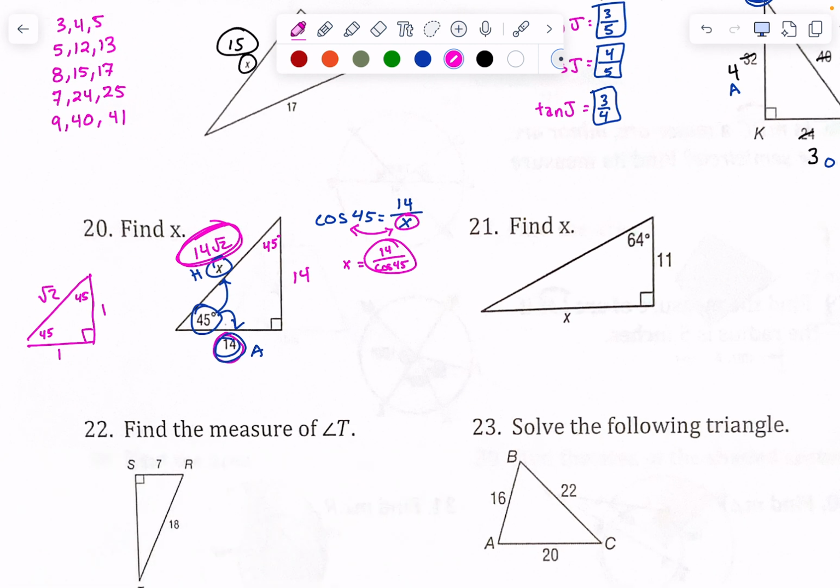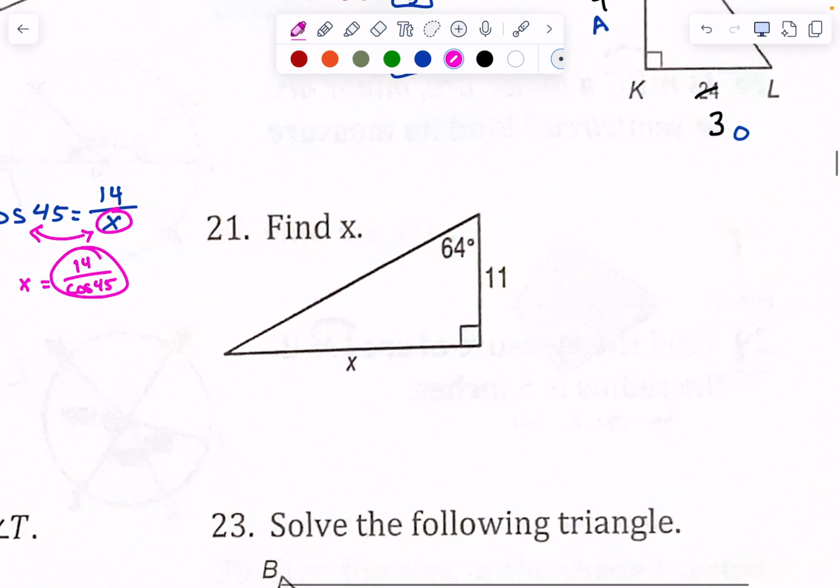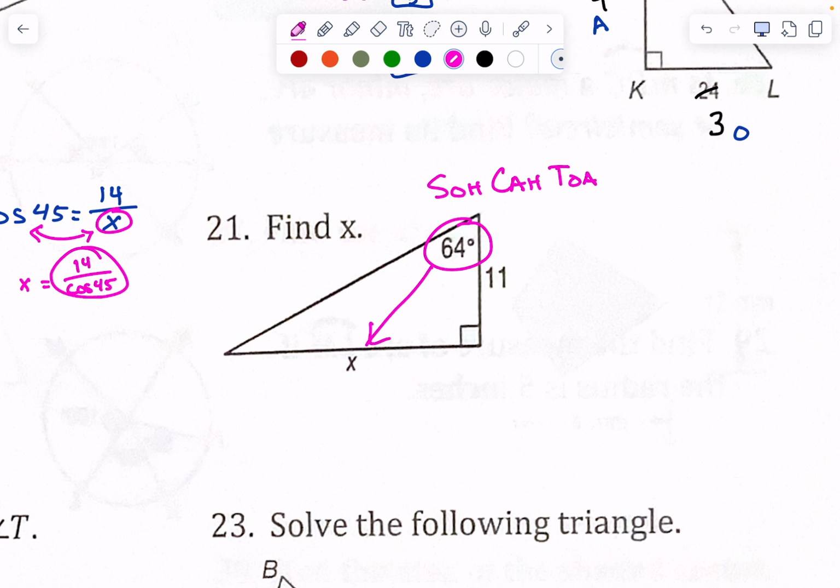Good. Number 21 is that same procedure. It is SOHCAHTOA. We can't do any little tricks because 64 degrees is not a special angle. But we've got 64. What is x in relationship to 64? Opposite. 11 is adjacent. Which trig function do we use if it's opposite and adjacent? TOA, tangent.